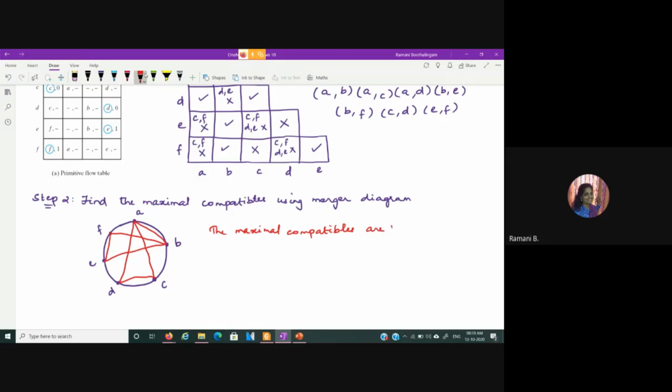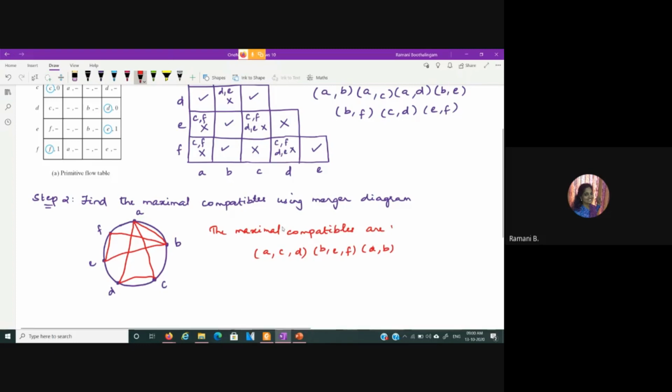so here we have a triangle with states A, C, and D. So we write that. Then we have a triangle with B, E, and F. We have to write all of it actually. And we have another one, a line for A comma B. That's why this is called maximal compatibles. You are giving the maximal set. This is not a minimized set as such. Okay?